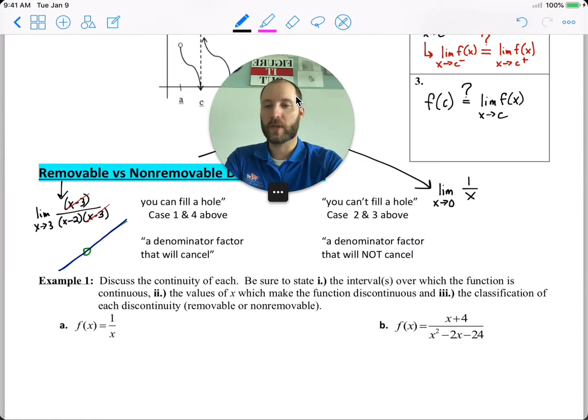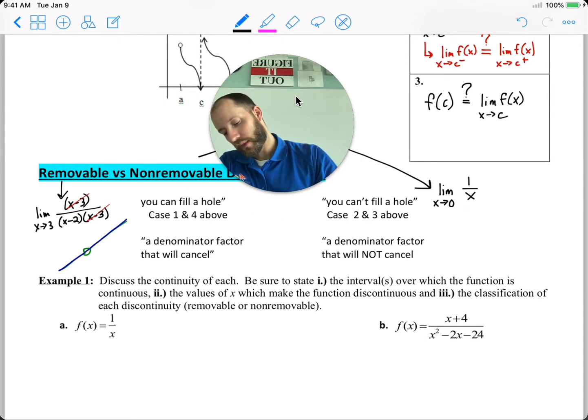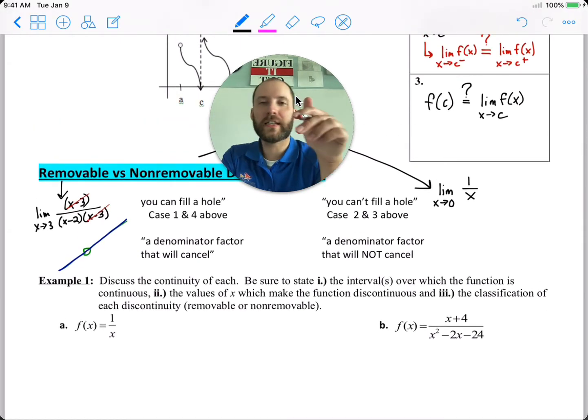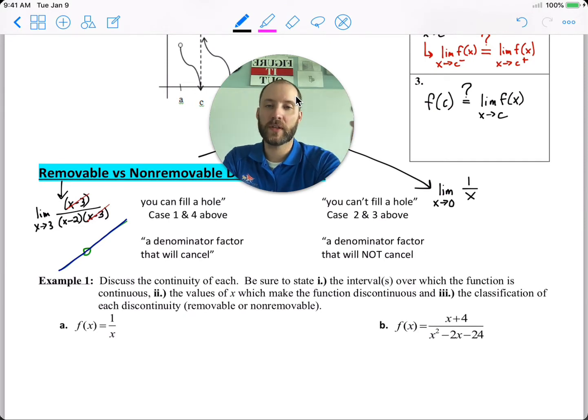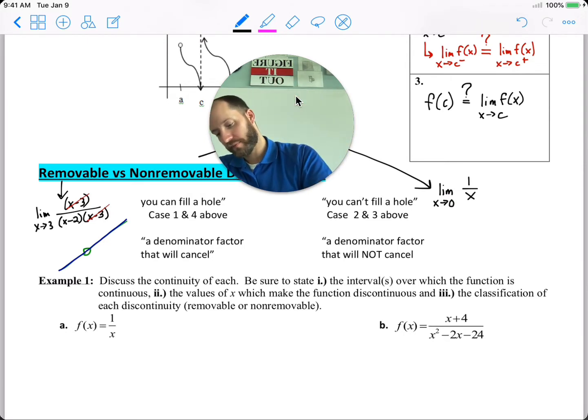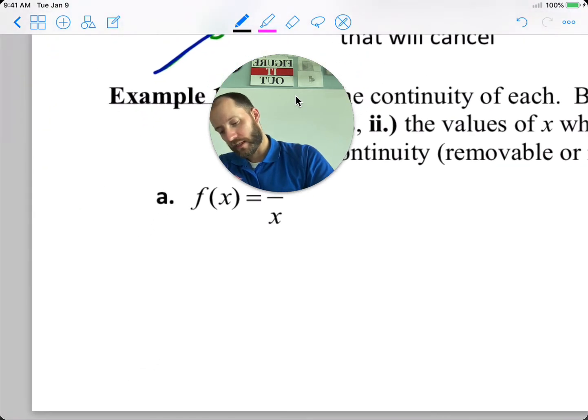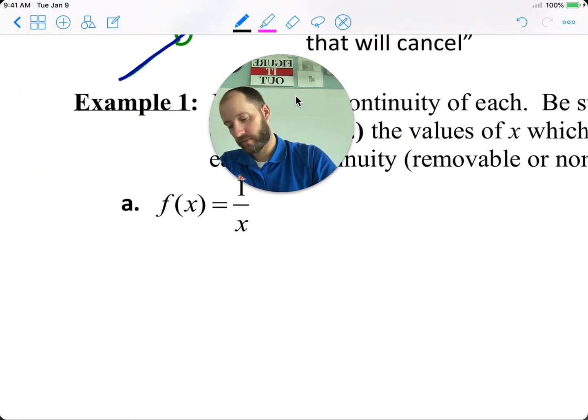With that here, okay. So, example 1, discuss the continuity of each. Be sure to do those 3 things: the interval over which it's continuous, the values of x which make it discontinuous, and then classify any discontinuities. So let's zoom in down here.